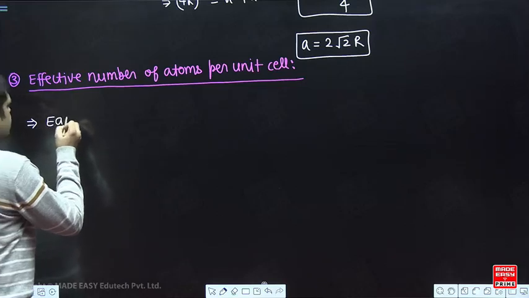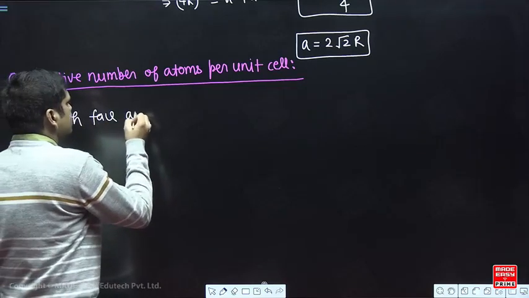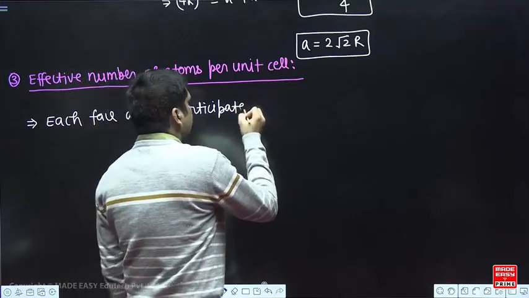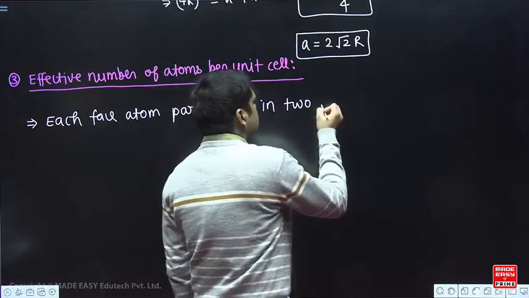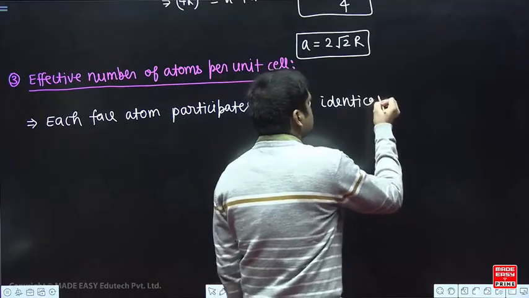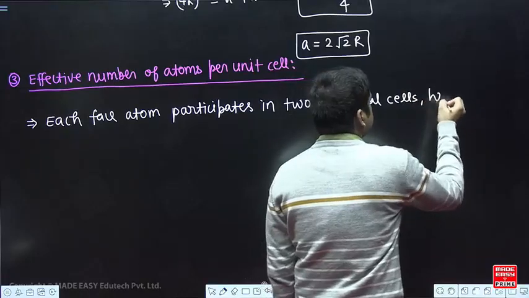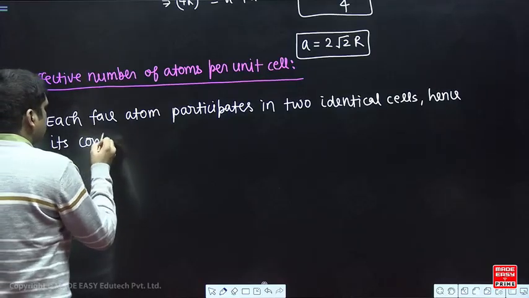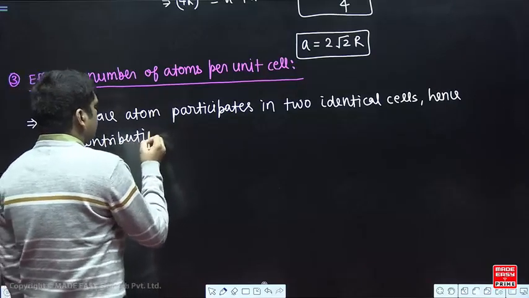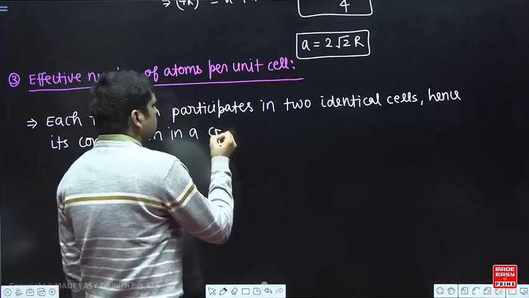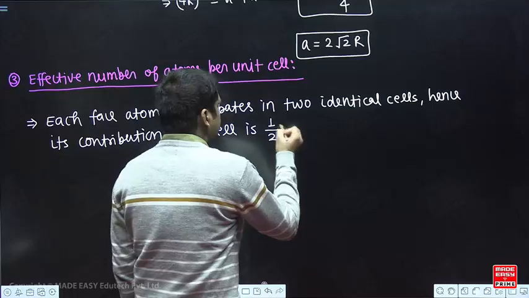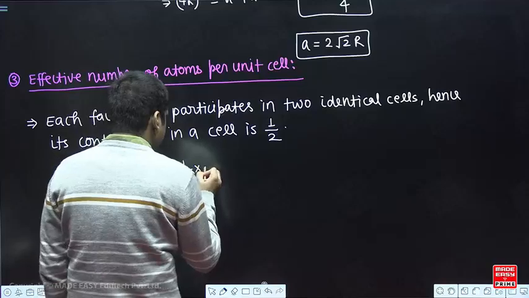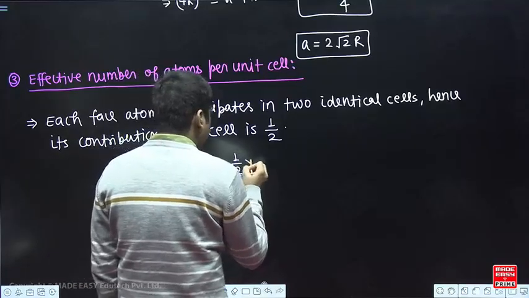Hence n is equal to 1 upon 8 into 8 plus 1 by 2 into 6.